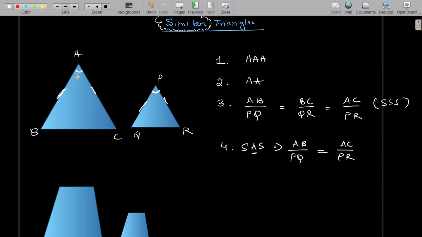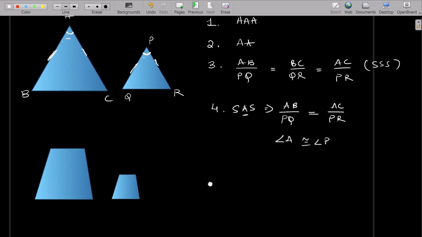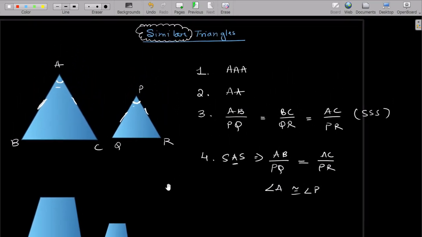If angle A is congruent to angle P, even then you can say that these two triangles will be similar, by the rule SAS. Okay, so these are similar figures, Anika.